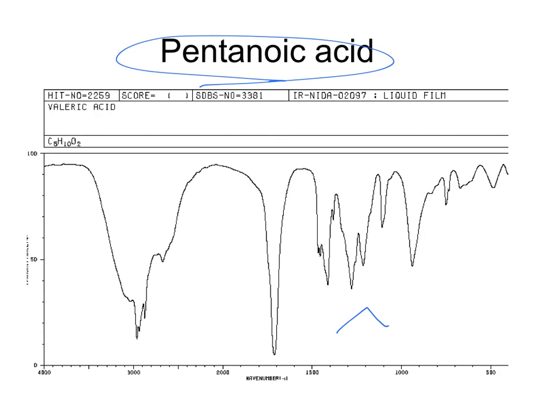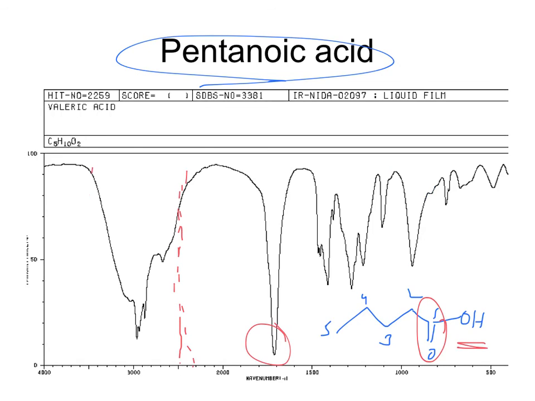Pentanoic means we have a total of 5 carbons: 1, 2, 3, 4, and 5. You do expect a C double bond O right over here. You expect an early OH, so 2024, 2500 onwards, keeps going up until 3300, so pretty broad right over here.